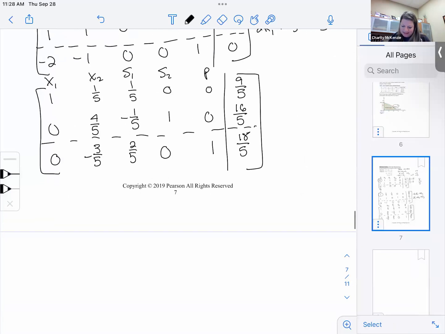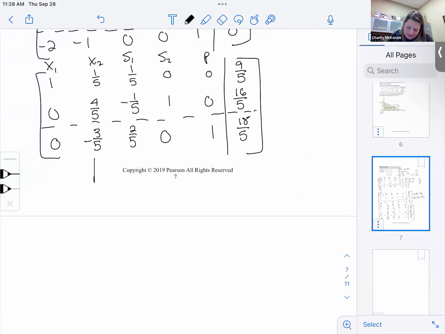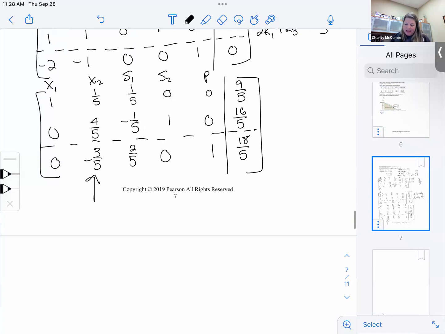All right, so then from here, I need to get rid of this negative indicator, and I'm going to have to use my calculator over here because it's 16/5 divided by 4/5, and it's 9/5 divided by 1/5.